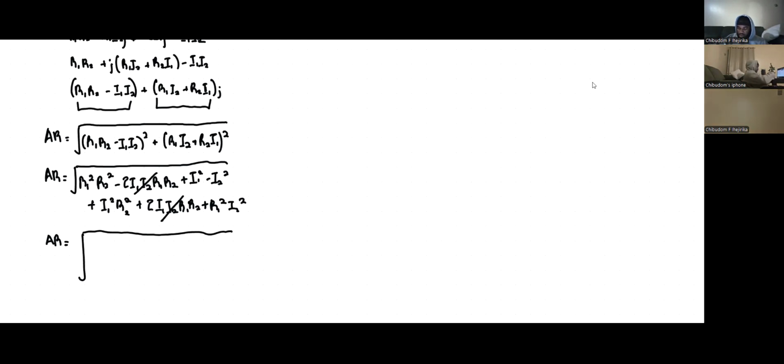Let me bring it together first: R1 squared R2 squared, plus I1 squared I2 squared, plus I1 squared R2 squared, plus R1 squared I2 squared.